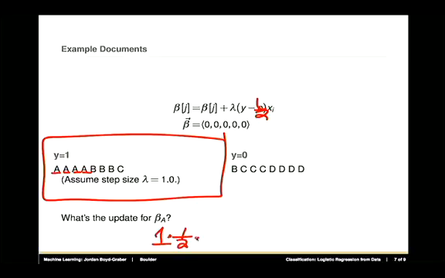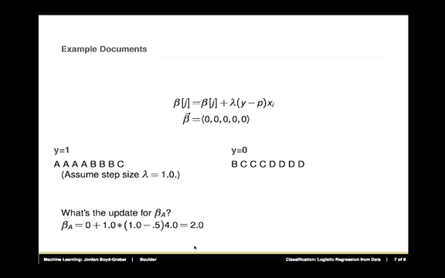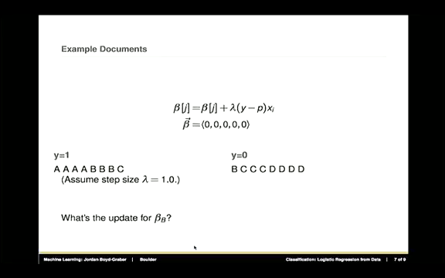So what is XA? 4. That is different, and the value before was 0. And so what is the new value for beta A? 0 plus 2 is equal to 2.